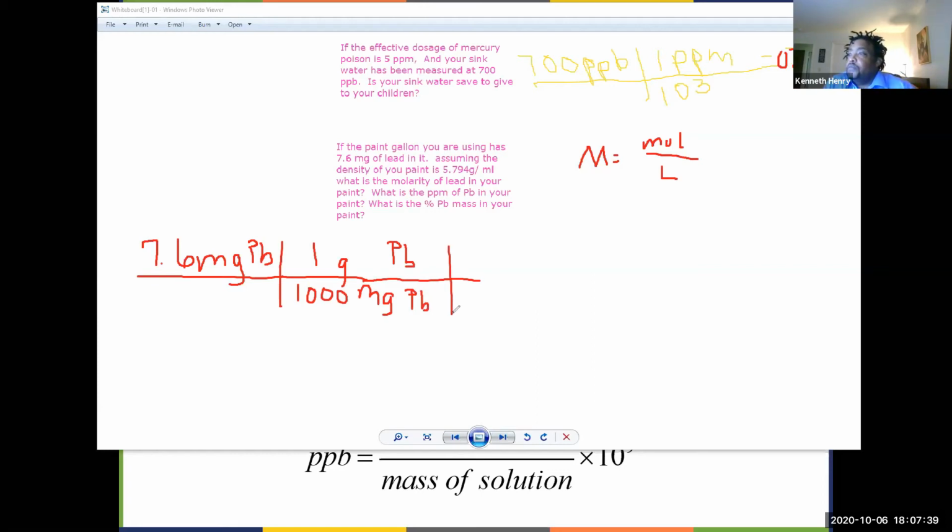Okay, so then how do I change this to moles? Get the mass of lead. Okay, so what is the mass? 207.2 grams. So on the bottom or on top? Bottom.